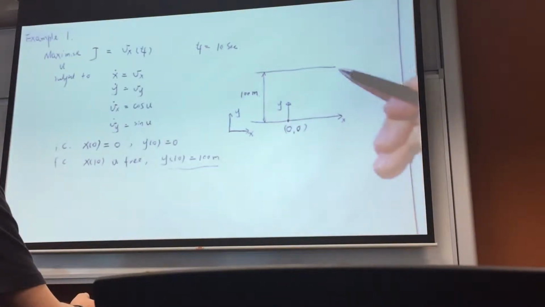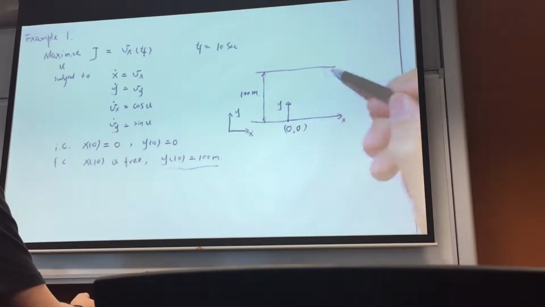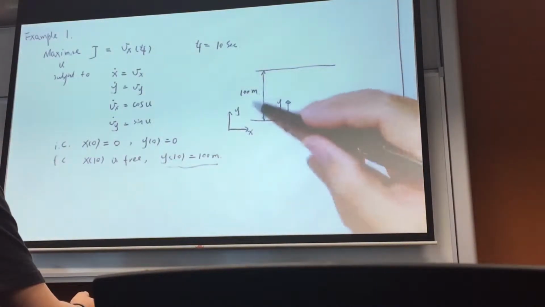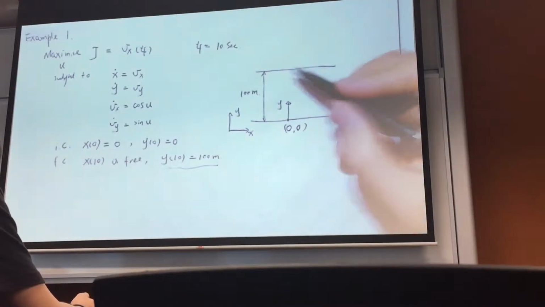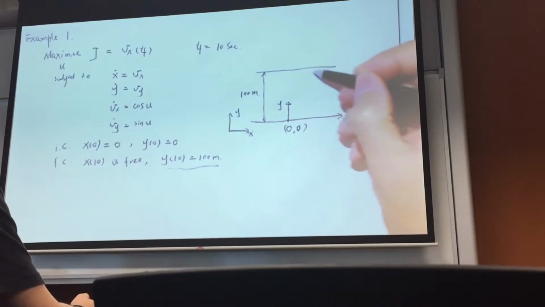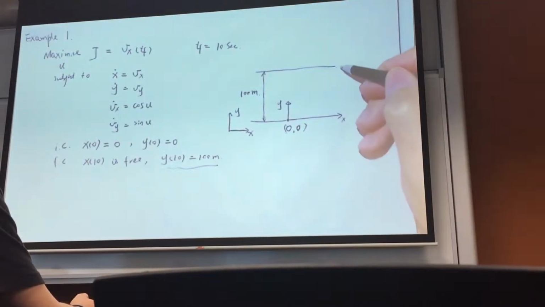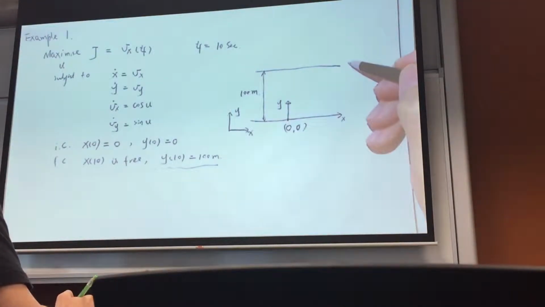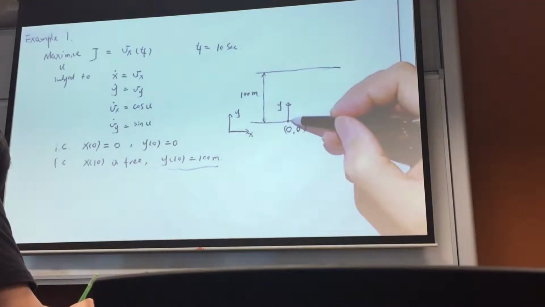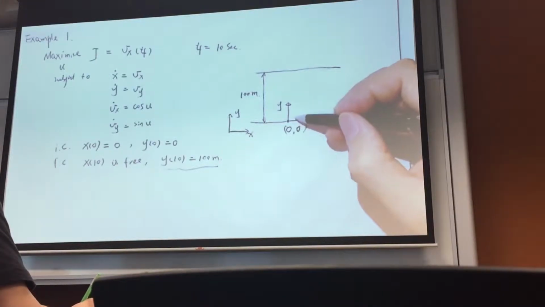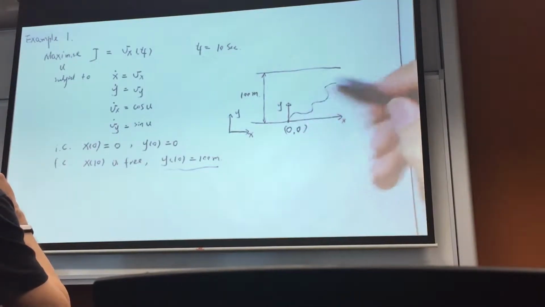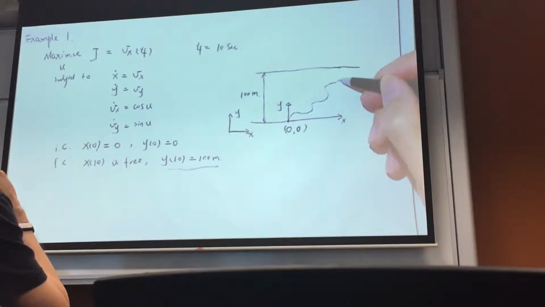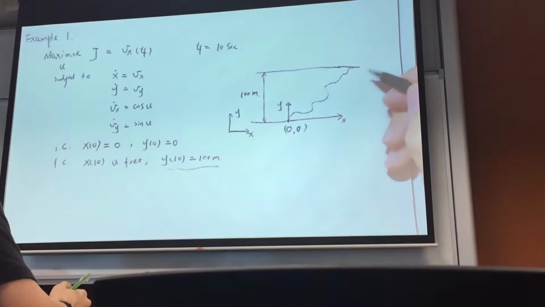So you will be somewhere here, already across the river. But the x position is free. That means you could be in any position along this line. For example, you apply some control input, eventually you make some trajectory like this for your mobile vehicle, and eventually you arrive here.